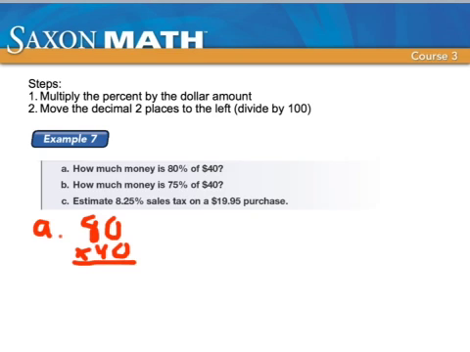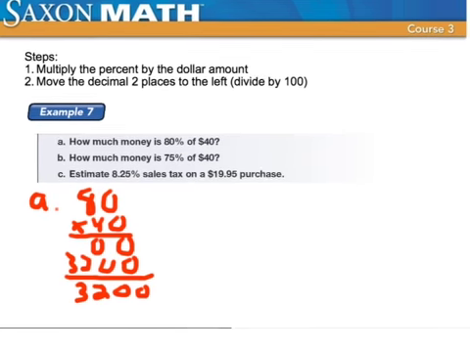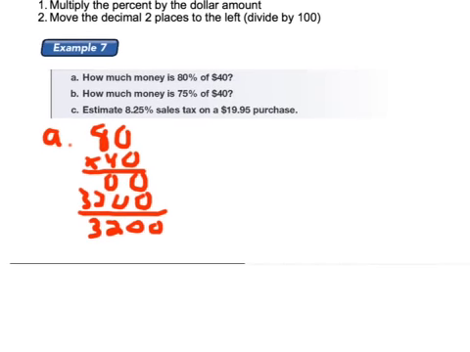80 times 40, well, I got zeros. And I bring a 0 down. 0 times 4 is 0. 8 times 4 is 32. So I got 3,200. So I multiplied the percent by the number. Now I'm going to move my decimal places 2 places to the left, or I'm going to divide by 100. That's the same thing.